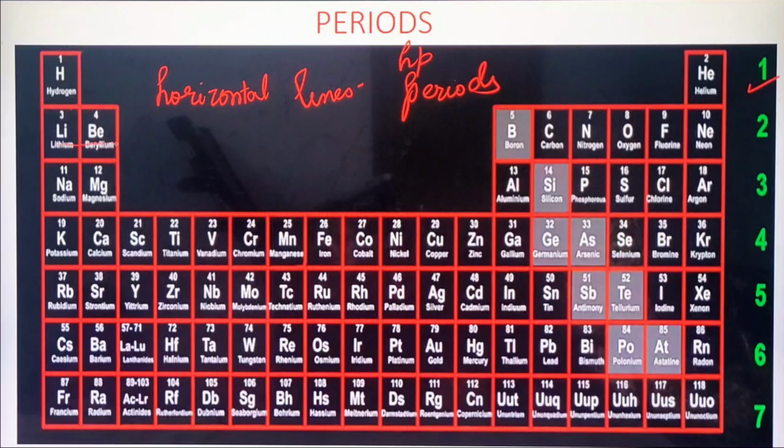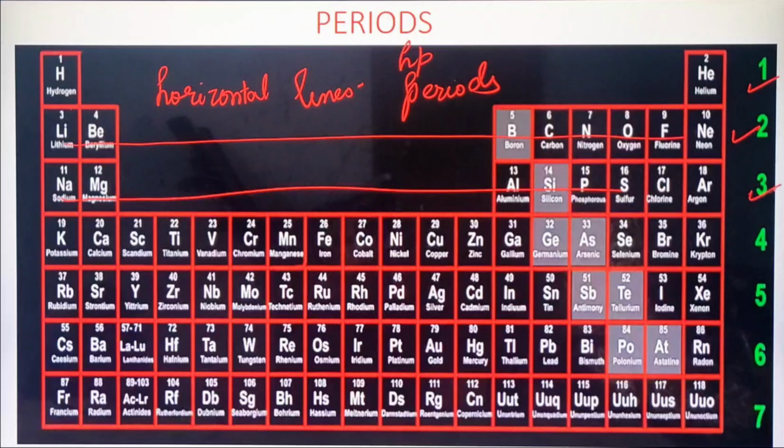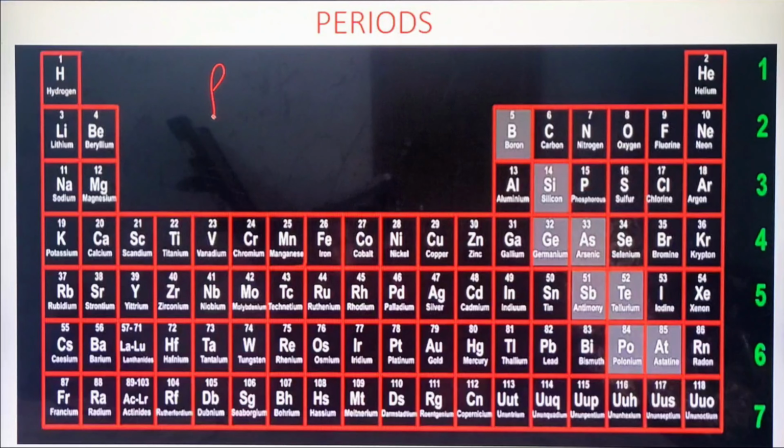This is the second period, this is the third period, and then 4, 5, 6, 7. So how many horizontal lines, or in other words, how many periods do you have, children? We have 7 periods in the periodic table. Please remember this number. It is very clearly shown how many periods there are. We have 7 periods.